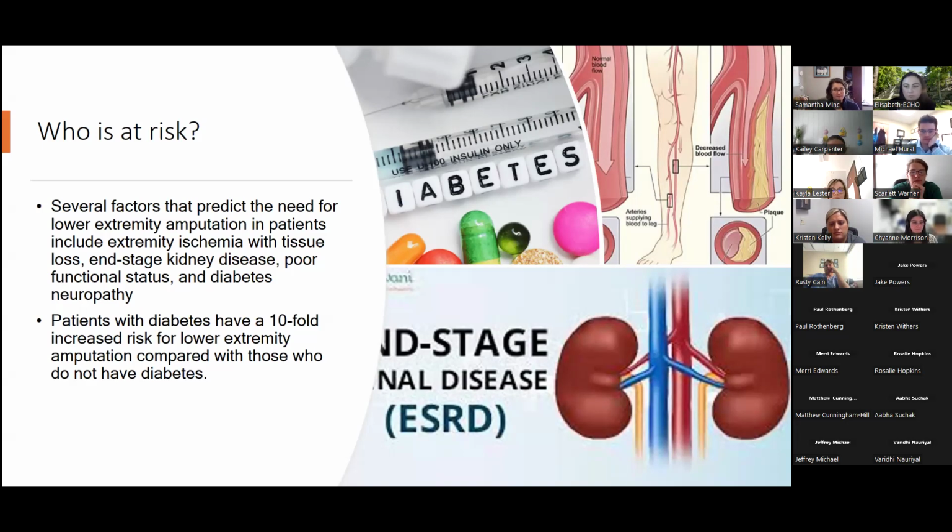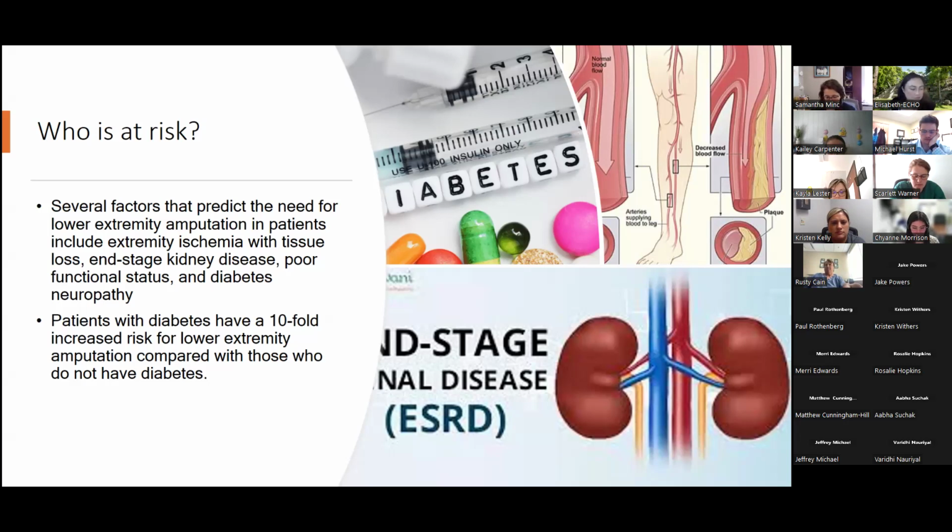But as we know, in our population, the people that are at risk mostly are those diabetic patients, especially those with neuropathy, peripheral vascular disease, in some of the more rural areas, those with poor functional status, as well as end-stage kidney disease, particularly dialysis patients.